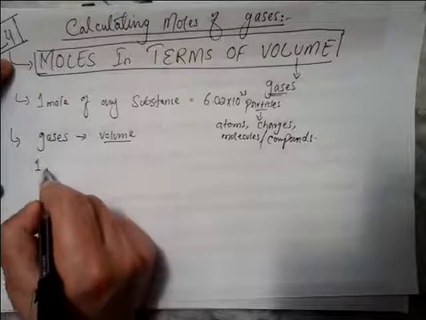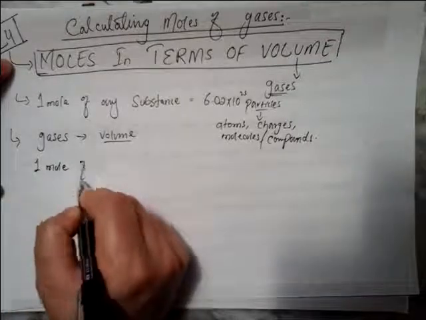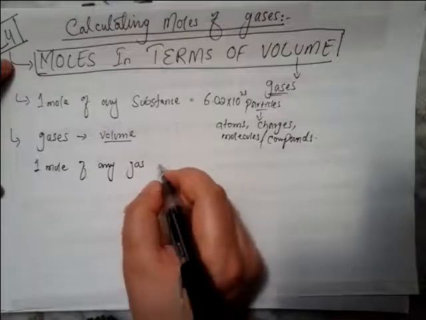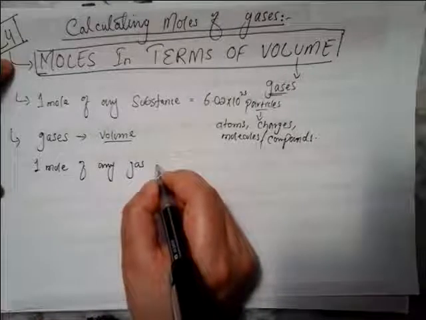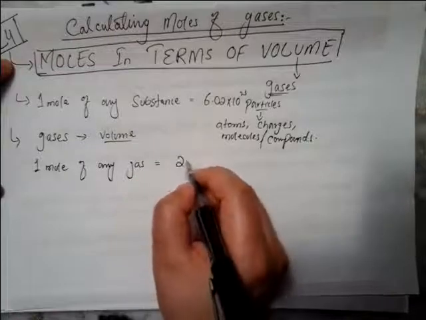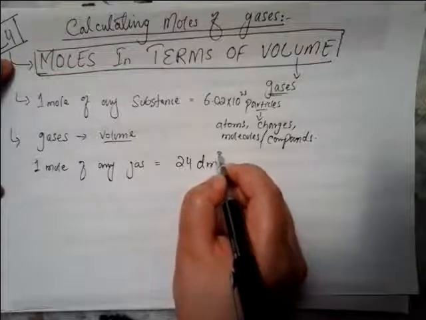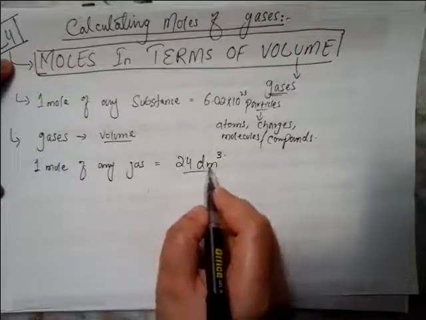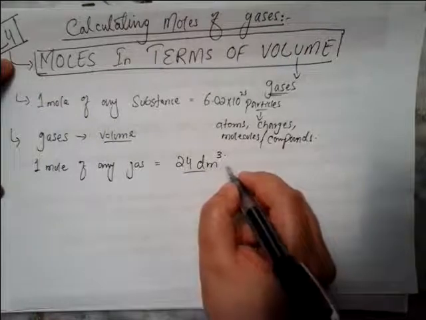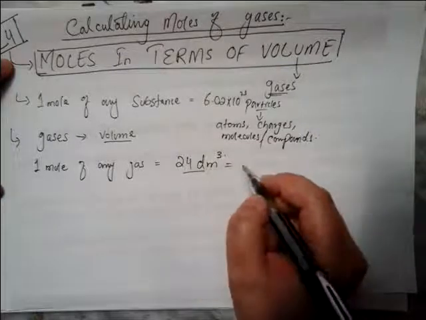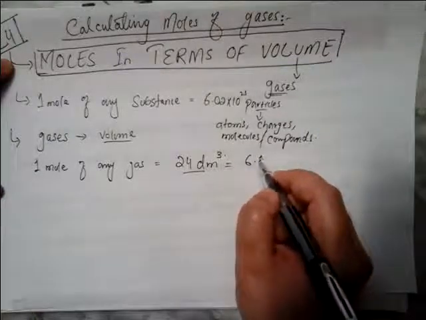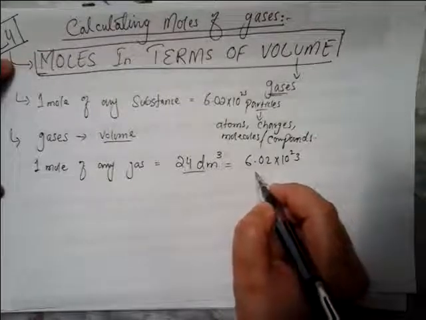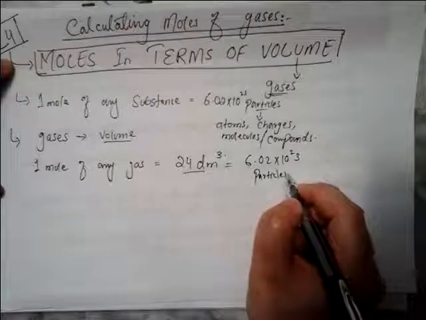So 1 mole of any gas has a volume of 24 decimeter cube, and this 24 decimeter cube has 6.02 into 10 raised to power 23 particles of gases.